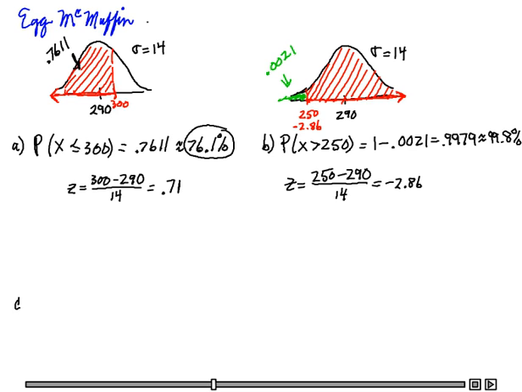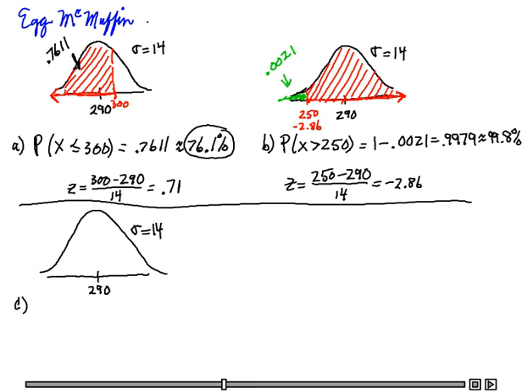Okay, for part C. Part C says between 275 and 310. So let me go ahead and draw it again. 290 in the middle. Standard deviation of 14. And the probability that x is between 275 and 310.